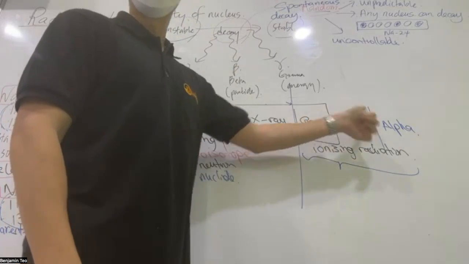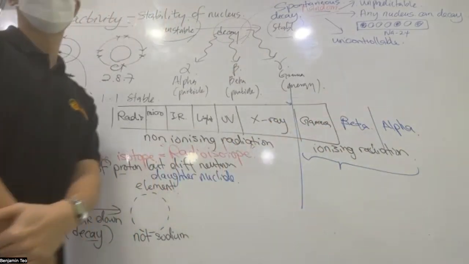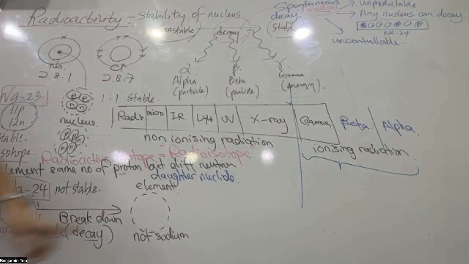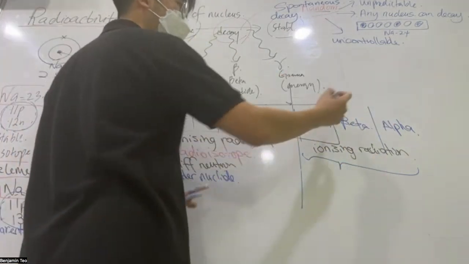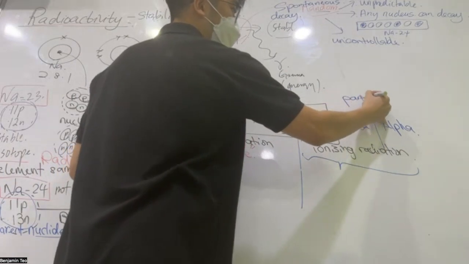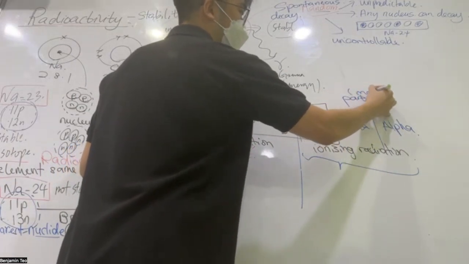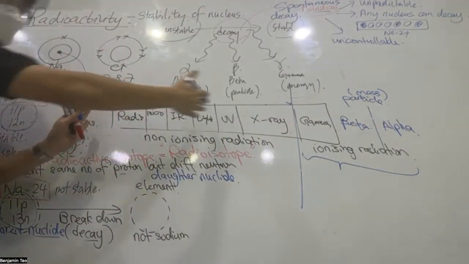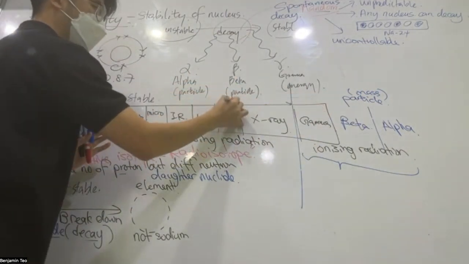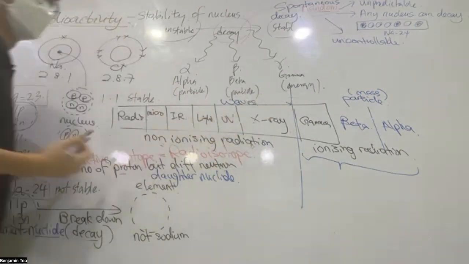You need to be able to describe the property of each one. Okay, 所以你这个三个是你的 ionizing radiation，这个两个是有点不同，因为它们两个是 particle 吗？它们两个是有 mass 的，这个全部是 energy 来的，这个是 wave 来的。All these are waves, they do not have mass.